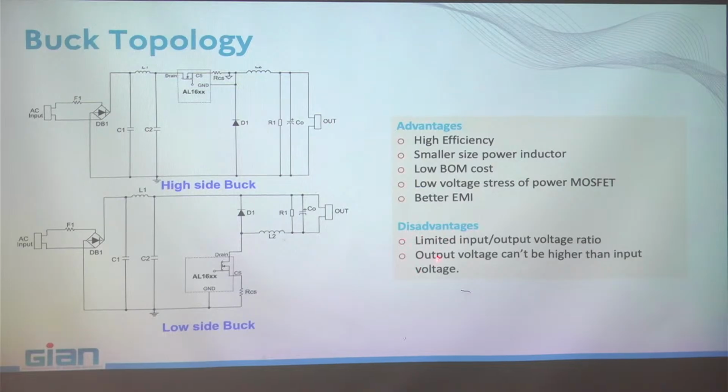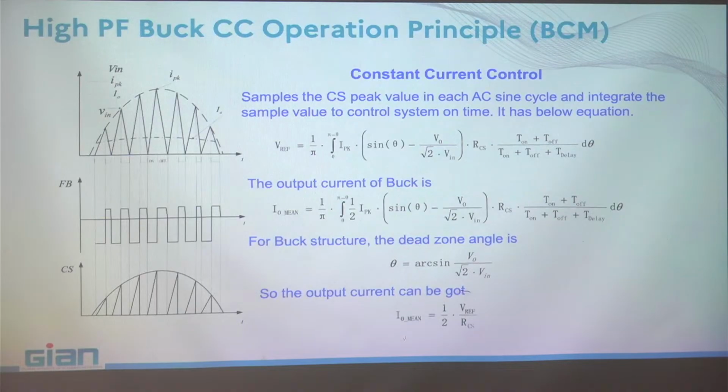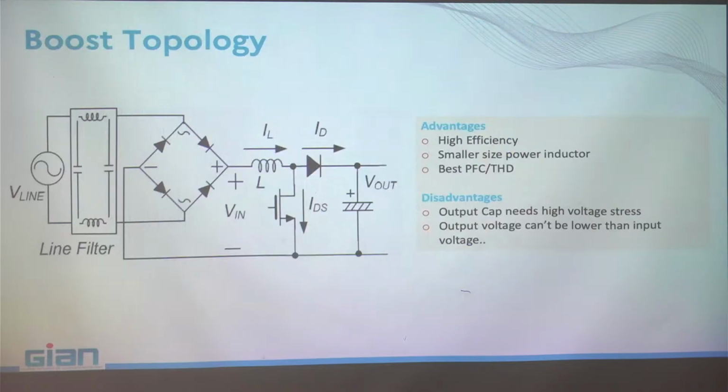But the disadvantage is that you have a limited input-output voltage ratio, and the output voltage cannot be higher than the input voltage. And this is a variation of buck using a high power factor buck converter. Well, you will have the slides.